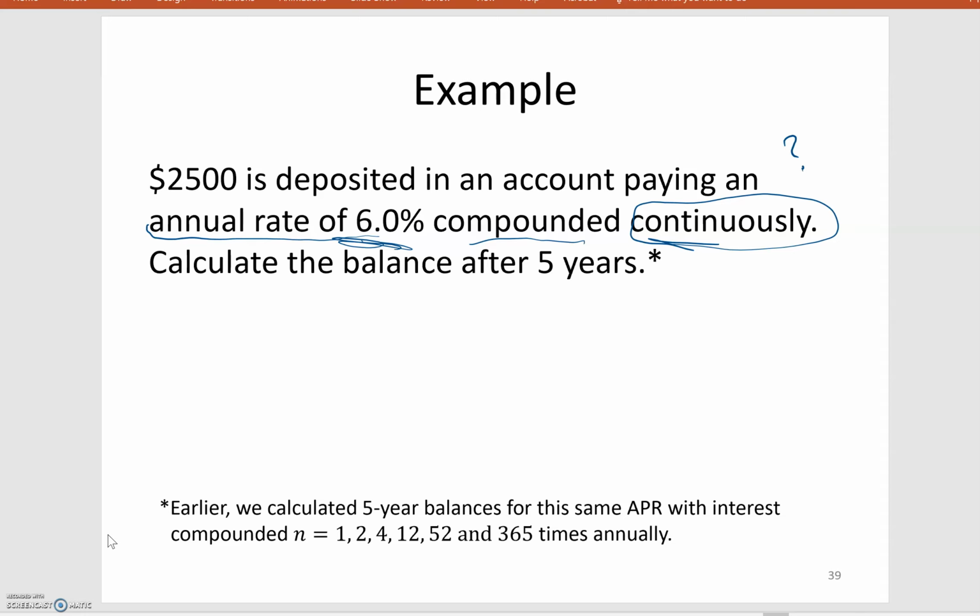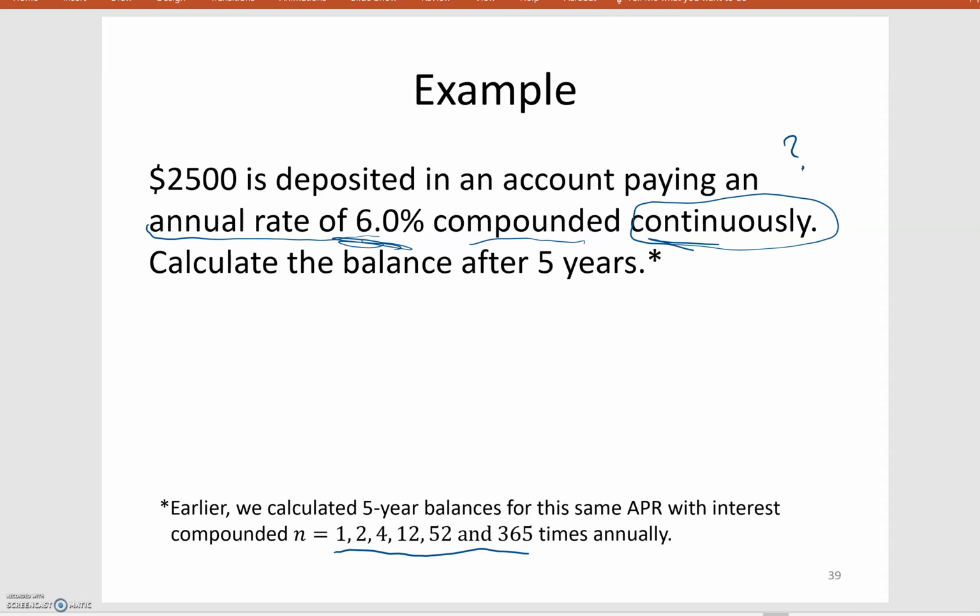So as this footnote says here, we have actually looked at a very similar problem before where we calculated 5-year balances for a 6% APR account with these compounding periods: annual, semi-annual, quarterly, monthly, weekly, and daily.